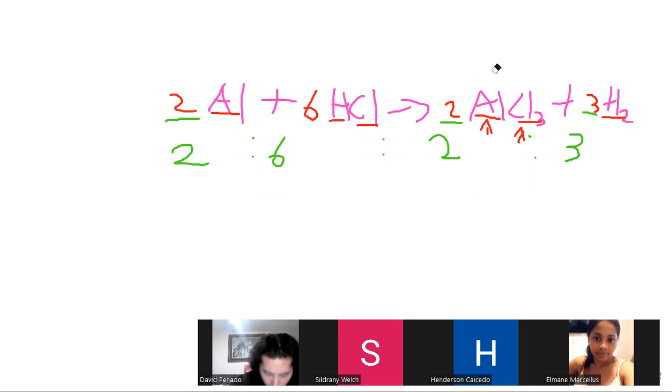All right, so the question is saying how many moles of hydrogen chloride are needed to react with this number of moles of aluminum metal? So I guess it wants us to use the moles that we have from the aluminum metal.